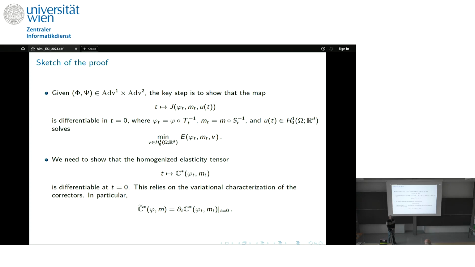I'm not totally sure, in the sense that the only reference that I know is the book by Allaire, on the homogenization method. But there they always work with some theta that is a density and is between 0 and 1.